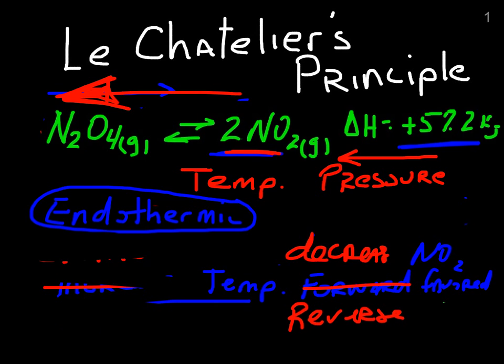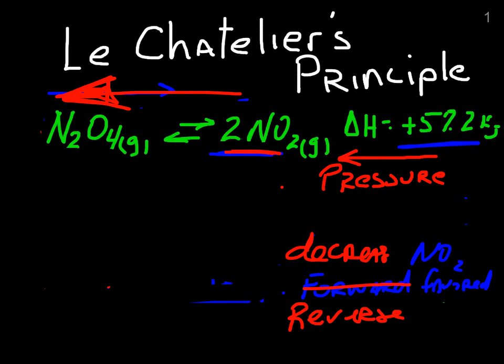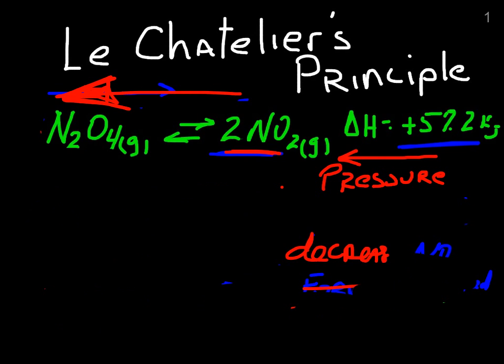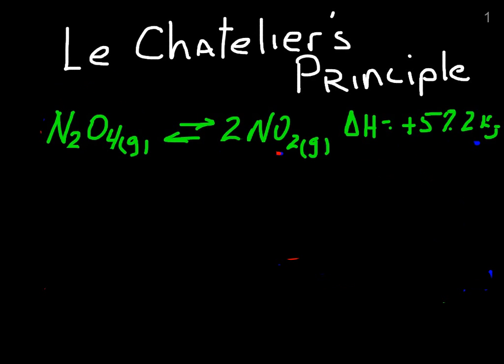Okay, last one is pressure, and pressure deals with the number of moles present. So, I didn't want to raise pressure, oh well, I'll raise it anyway. Let's clean this all up. Okay, here we go with pressure.